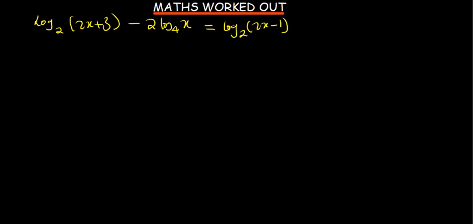Now when you're solving logarithmic equations, make sure that all the terms with a log, you take them to the same side. Right? So this is going to be log in base 2 of 2x plus 3. I'm going to take this one minus log in base 2 of 2x minus 1. Now this one you've seen is in a different base, so we need also to convert it to base 2.